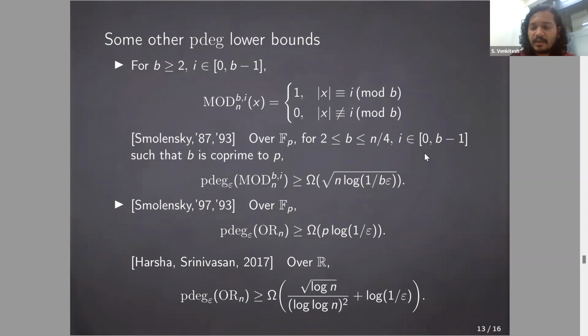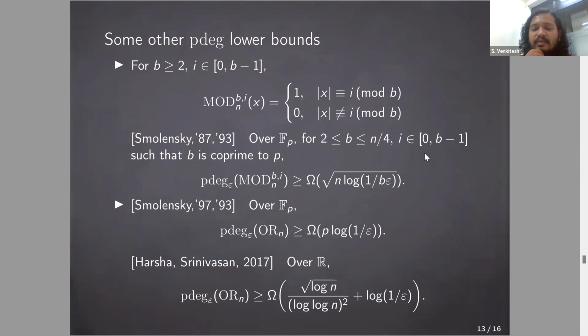So what are some other lower bounds that we know of this kind? Let's fix a base b, at least 2, and then the function mod b comma I in bits is defined to be 1 when the Hamming weight is I modulo b, and 0 when the Hamming weight is not I modulo b, right? And Smolensky's proof technique can actually be used to give a pdeg lower bound even for this function.